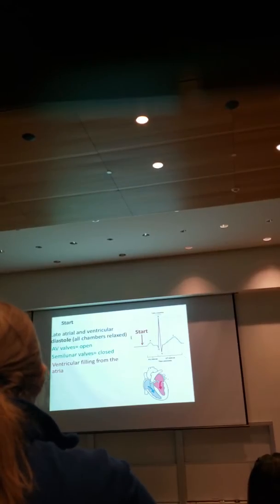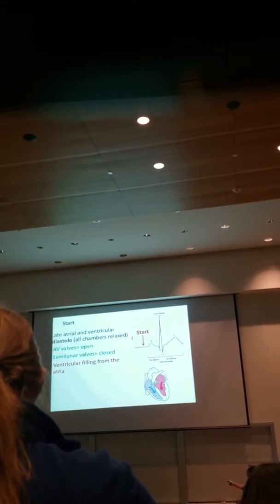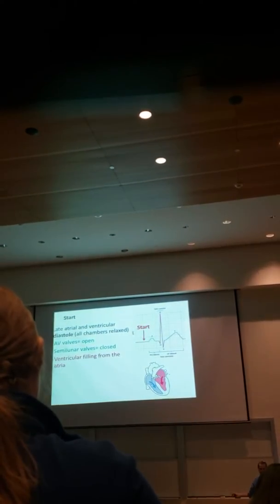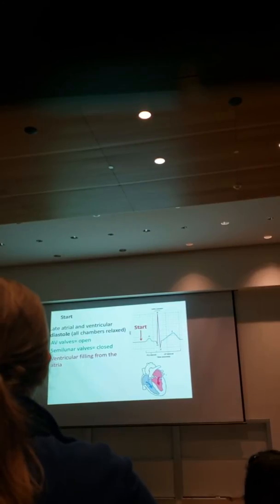So we are after relaxation of the previous cycle. So let's see what we have here. So here is a diagram of the heart. Every now and then I will use either the left or the right, but they all apply to both. So we are in late atrial and ventricular diastole. All the chambers are now relaxed.